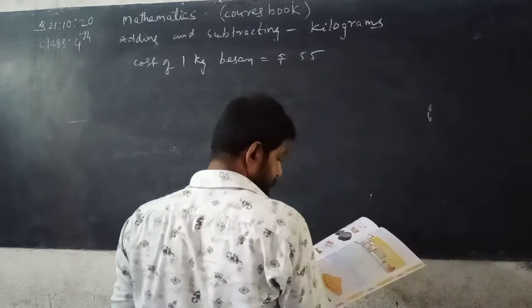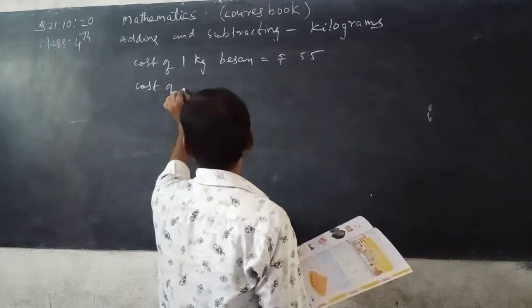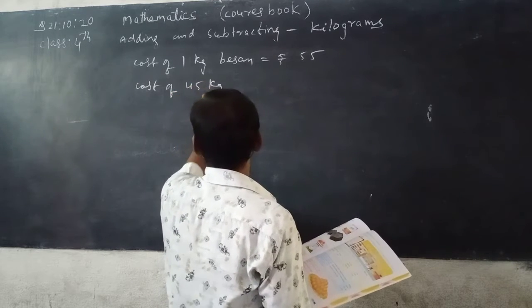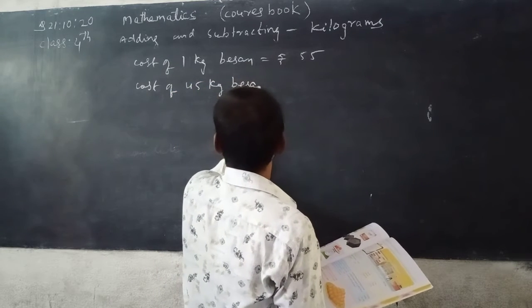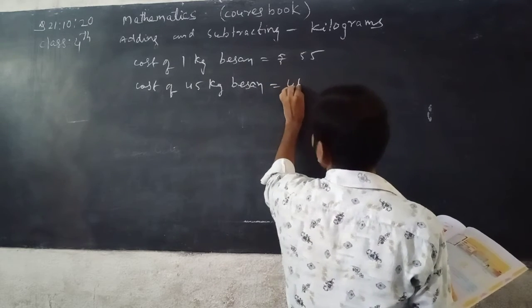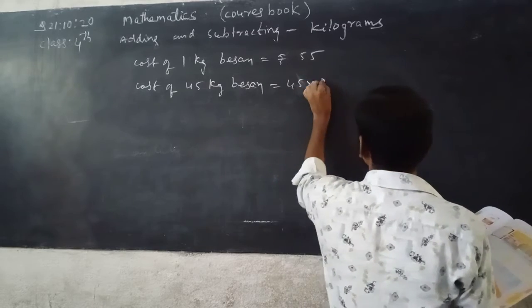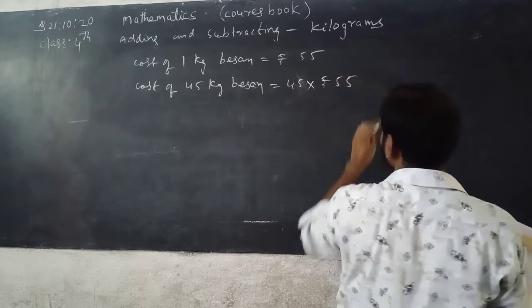Now next, cost of 45 kg besan is equal to 45 into 55 rupees.